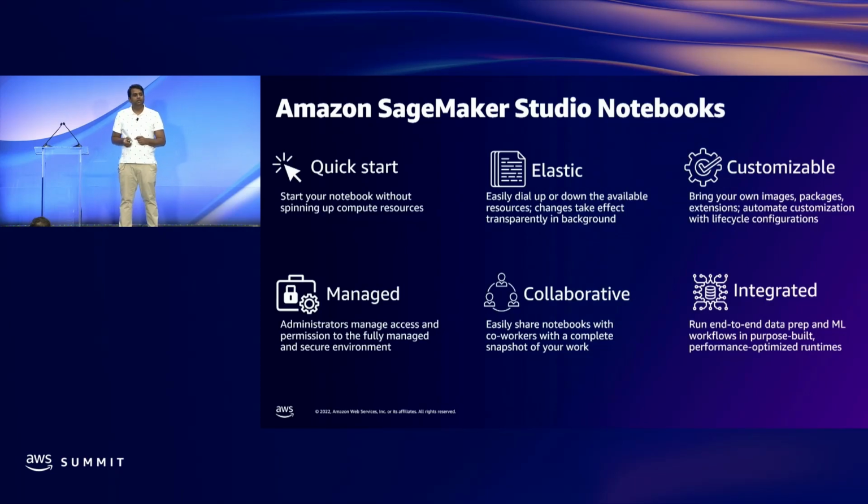So let's dive into what exactly SageMaker Studio notebooks are and what their features are. Notebooks are an integral part of SageMaker Studio, powering and complementing the rich set of features that we discussed previously, and providing a very easy experience for machine learning. So basically, you can start off the notebook on SageMaker Studio without having to spin up the compute resources in advance.